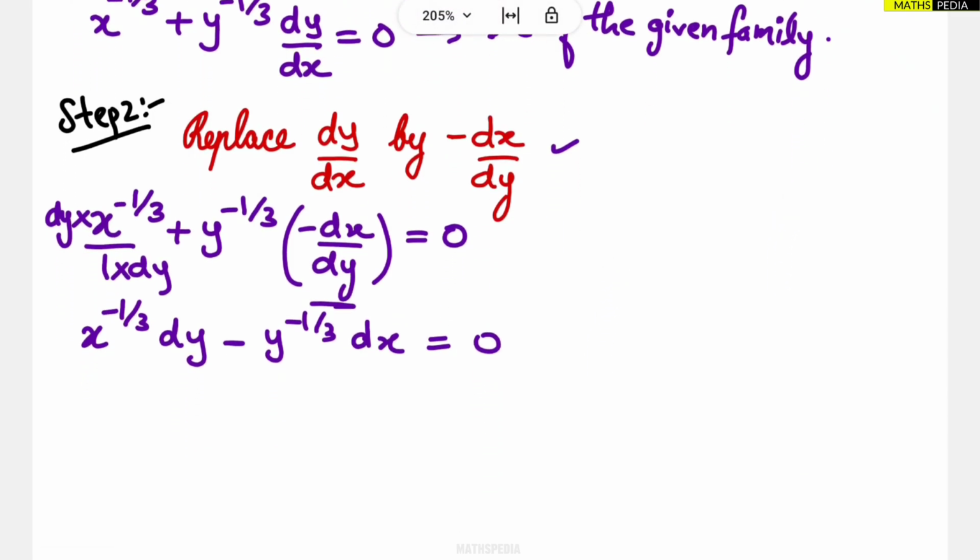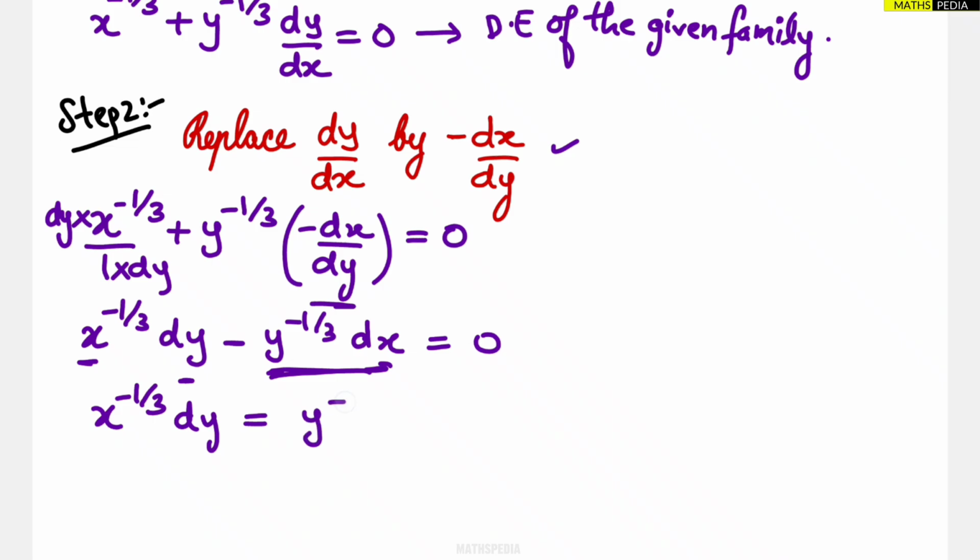One more thing, be careful here. With x I have dy, and with y I have dx. But I need dx with x, only then can I eliminate dx and dy. So I am going to shift this particular term onto the RHS side, and the minus will become plus on that side.